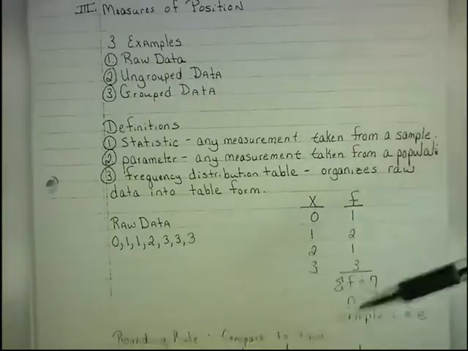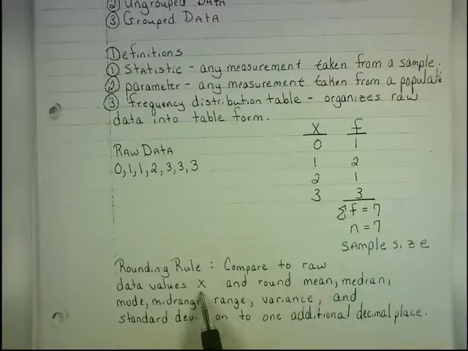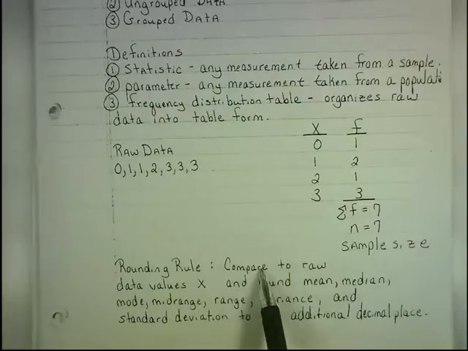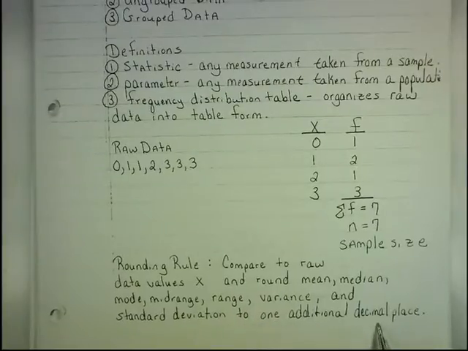For the entire chapter, you will follow one rounding rule. The rounding rule says when we calculate our measurements to compare the raw data values X, and you'll find out that sometimes we have to compare to the midpoints, and when we look at the raw data values or the midpoints of a data set, we round the mean, the median, the mode, the mid-range, the range, the variance, and the standard deviation to just one additional decimal place.